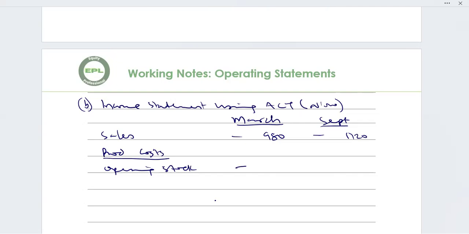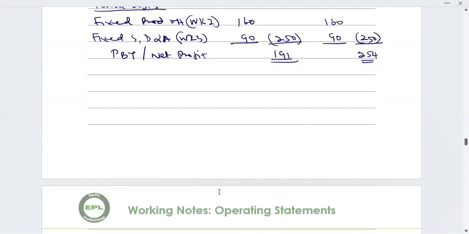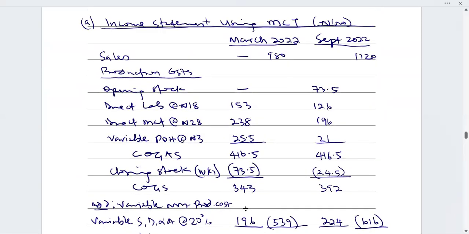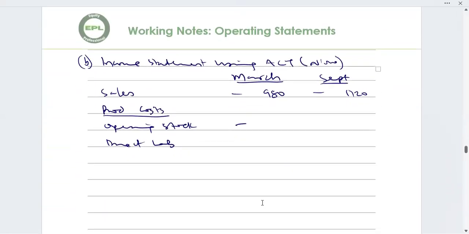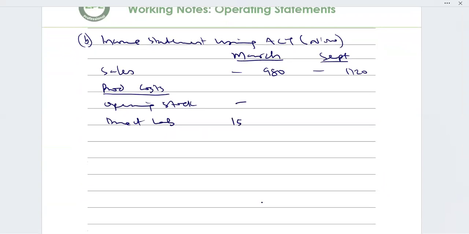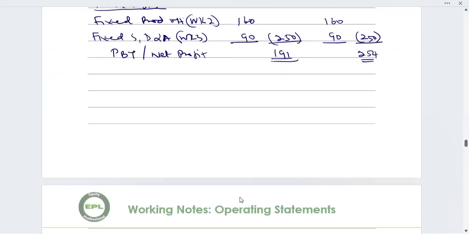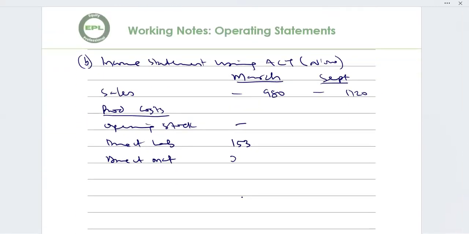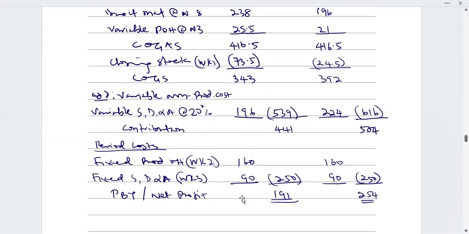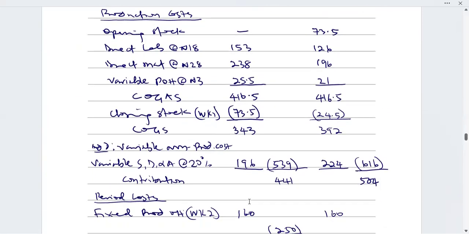Then we have direct labor, 153. It's not going to change. We also have direct material, 238. Here is 238. We have variable production overhead, based on our calculation previously, 25.3.